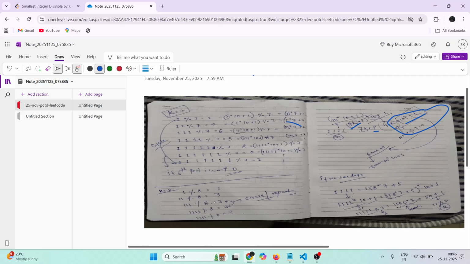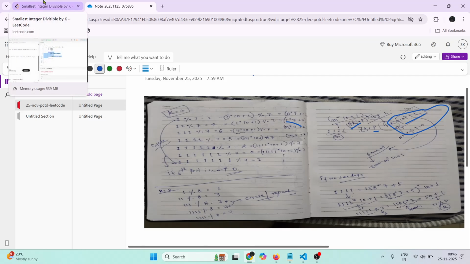Whenever the remainder repeats, that means it is going to do the same cycle again. Like if this is not 0 and is some other value like 3, this is going to give the same ones again and go in a cycle. So this cycle and repetition cause the TLE.